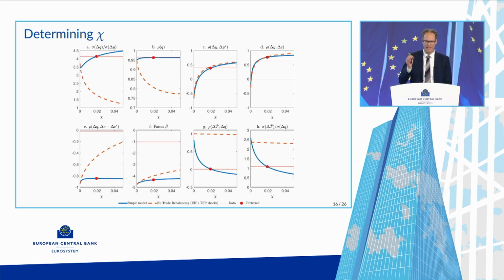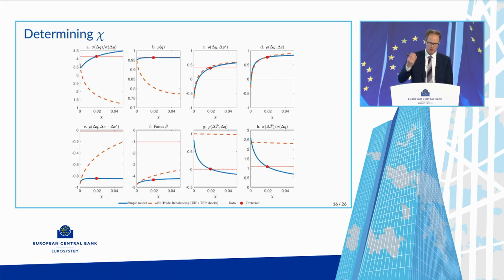What you can generally tell is if you don't have this chi in there, then these blue lines are quite far off these thin red lines, so you're missing a lot of important elements. Now you bring up this chi a little bit, and eventually you hit very well most of the moments, except for the two in the bottom left part. But I don't want to spend too much time on it right now. It certainly doesn't do worse than the alternative model I'm plotting in here.